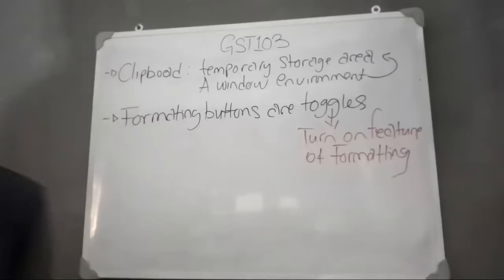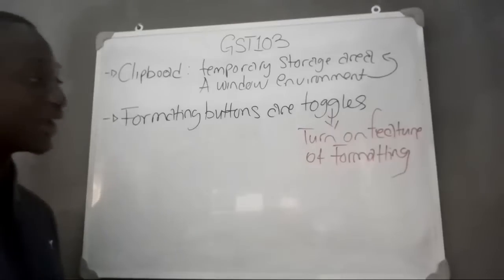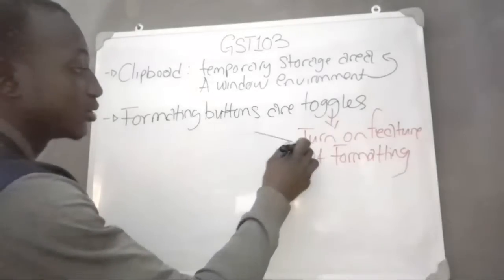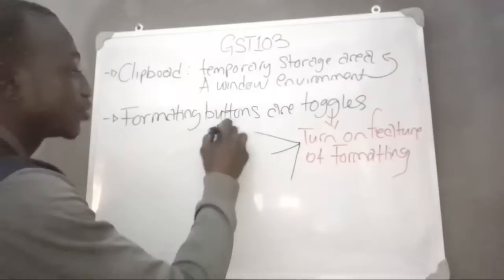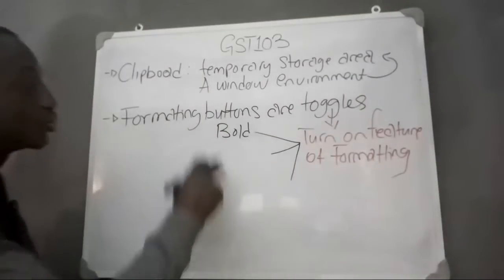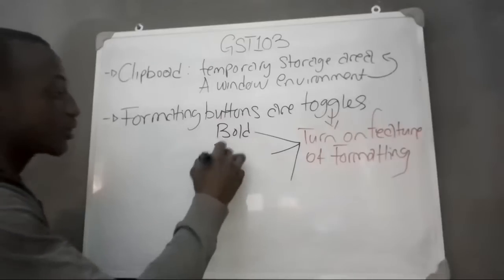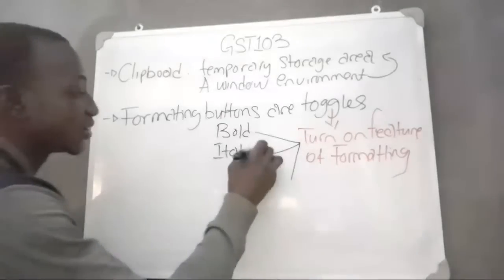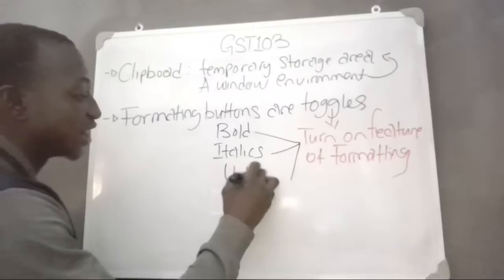Now, you can use these toggle buttons to do multiple things. You can use the toggle button for bold, italics, and underline. Also, you can use the toggle button to switch on and off bold, italics, and underline.